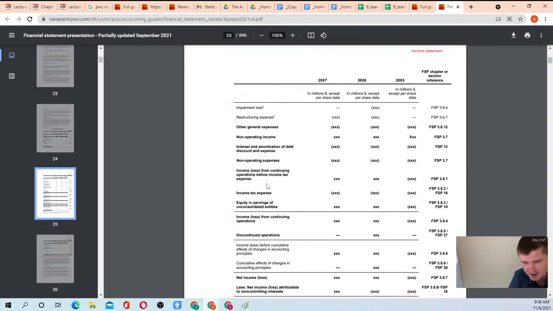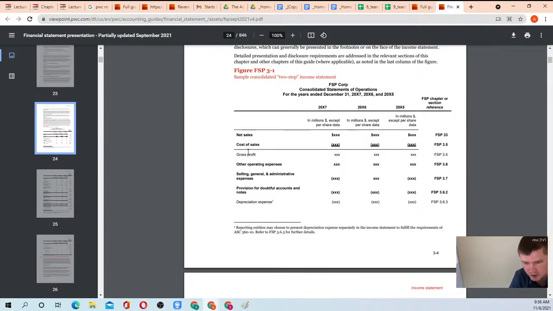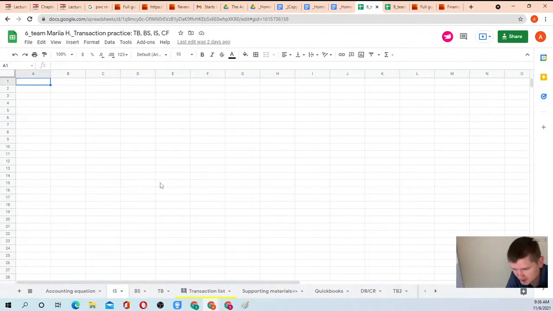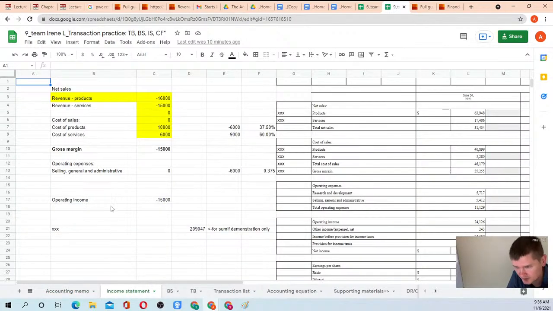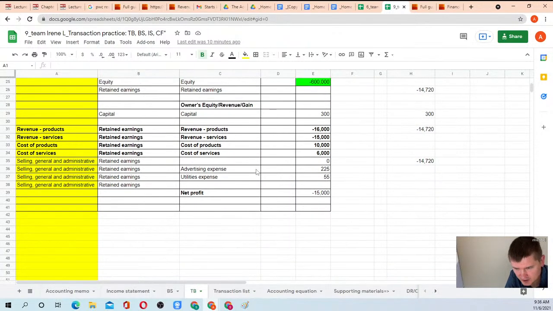So this is the structure of the income statement which you should use in your homework. As far as I see, not many people reached that point. Who is that? Irene. In Irene's documentation, I see that she did get to the income statement.